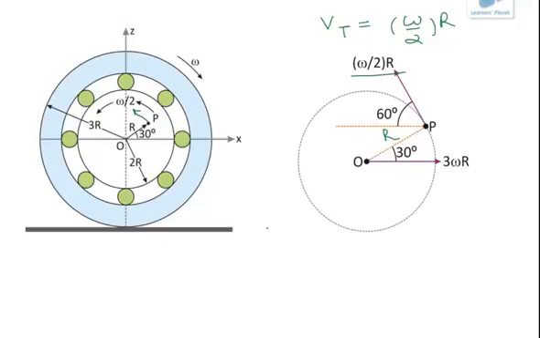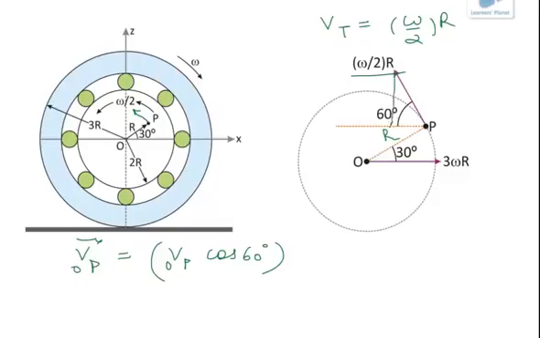So if we write this velocity in the vector form, this can be written as, okay, if this angle is 30, then this angle will be 60.